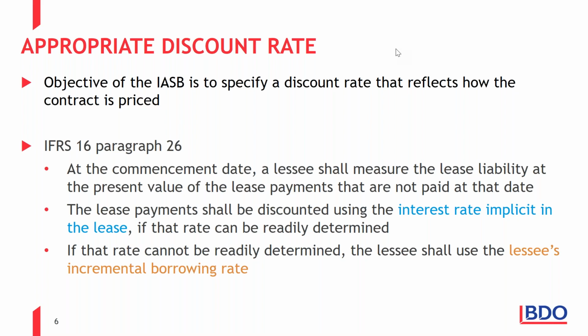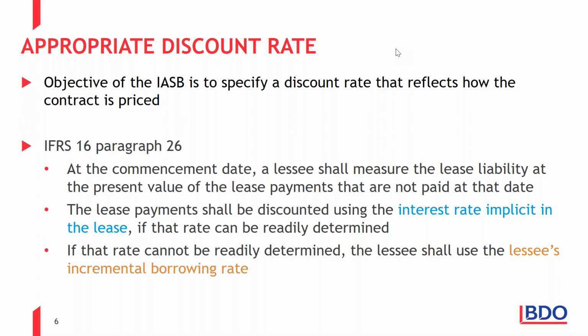So at the commencement date, a lessee shall measure that lease liability at the present value of the lease payments that are not paid at that date. So present value of future lease payments. The lease payments shall be discounted using the interest rate implicit in the lease, if that rate can be readily determined.